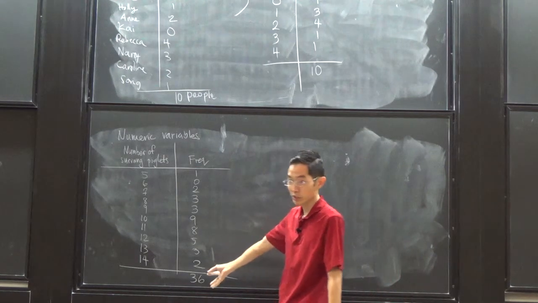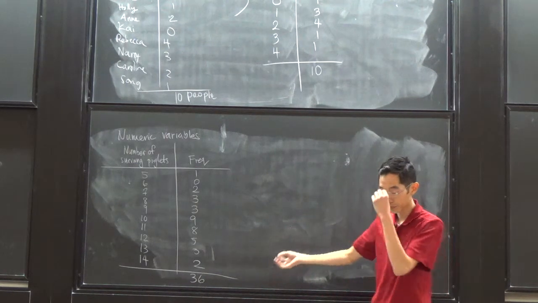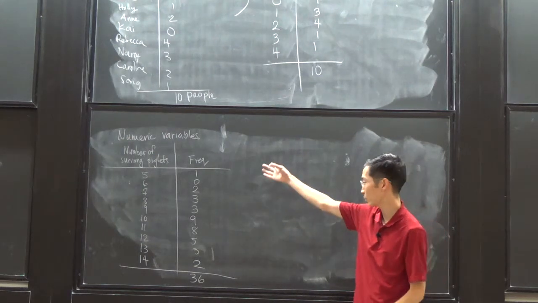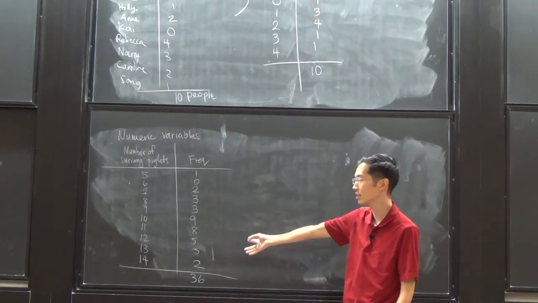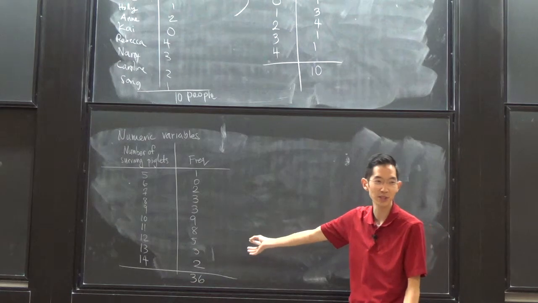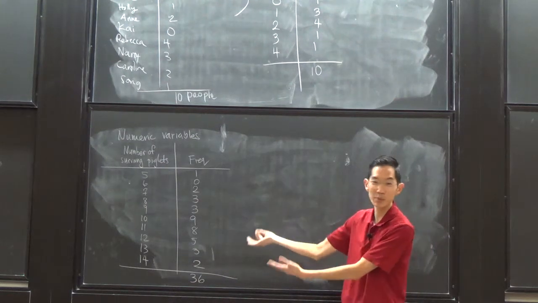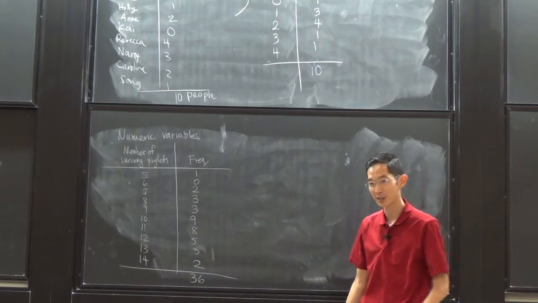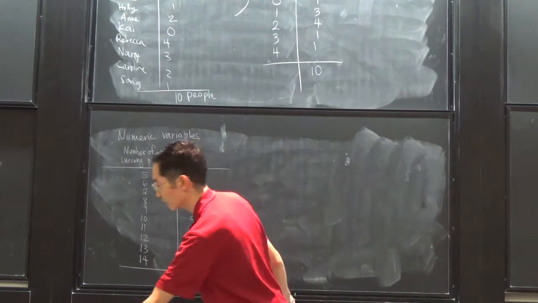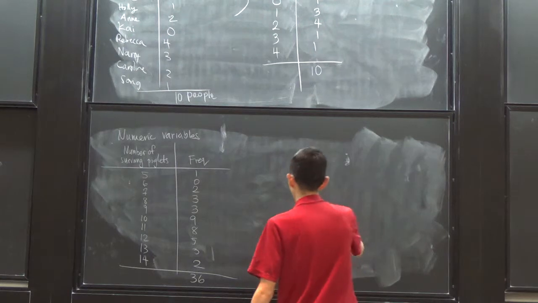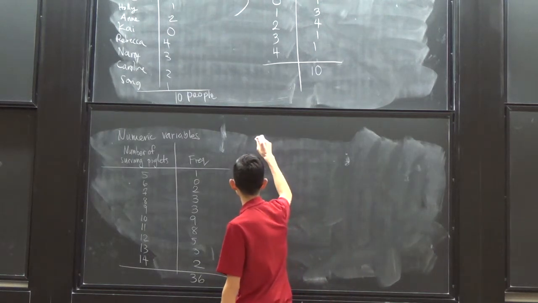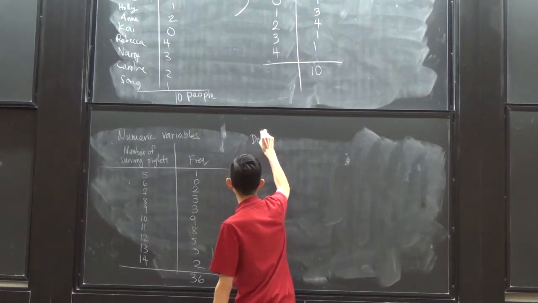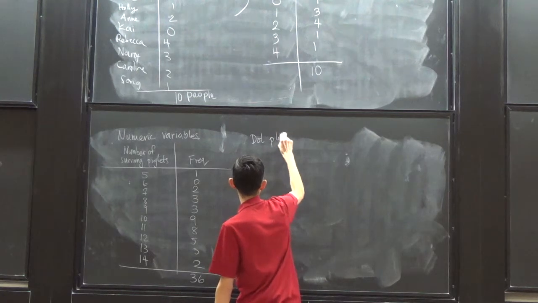So this is one way to summarize the data. But oftentimes something like this is not so intuitive. Nothing pops out as striking or very interesting about a column of numbers. So we will often create a visualization. One way is to create a dot plot.